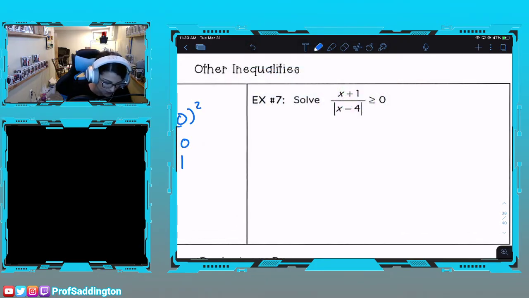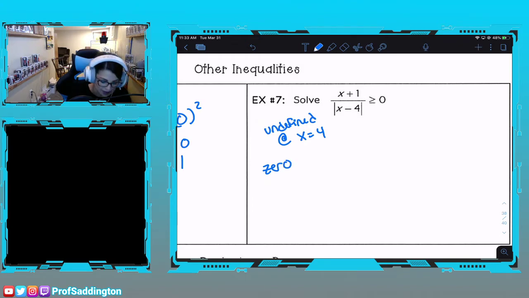All right. So right away I see a fraction in an absolute value, which is cool because it makes it positive, but it will still be undefined at positive 4. And if I want to look at my root, I look at my numerator.